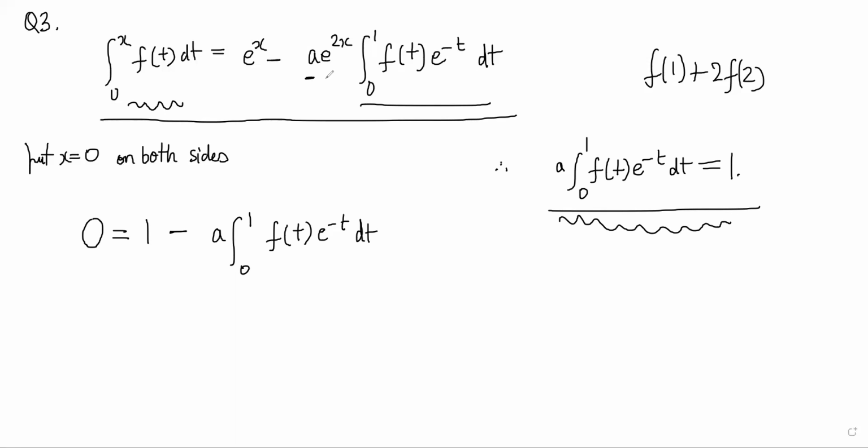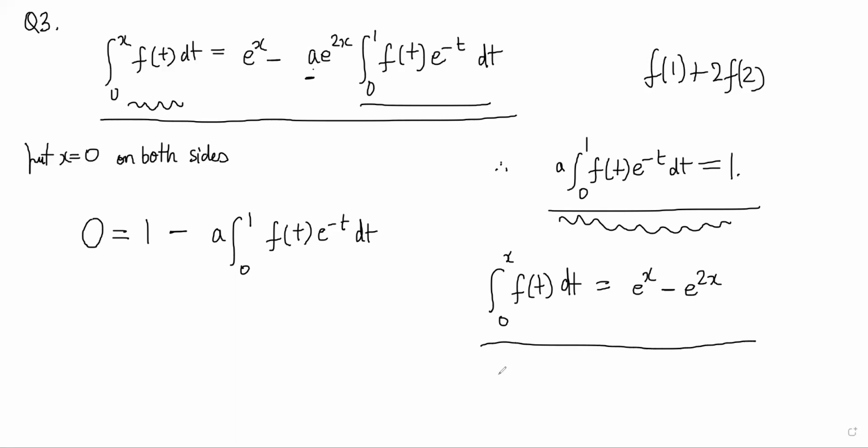Like a, and this part we have gotten the value. So what you get is integral 0 to x f of t dt. Putting this in the original thing, you get e power x minus e power 2x, because we now know the constant value of this and a.